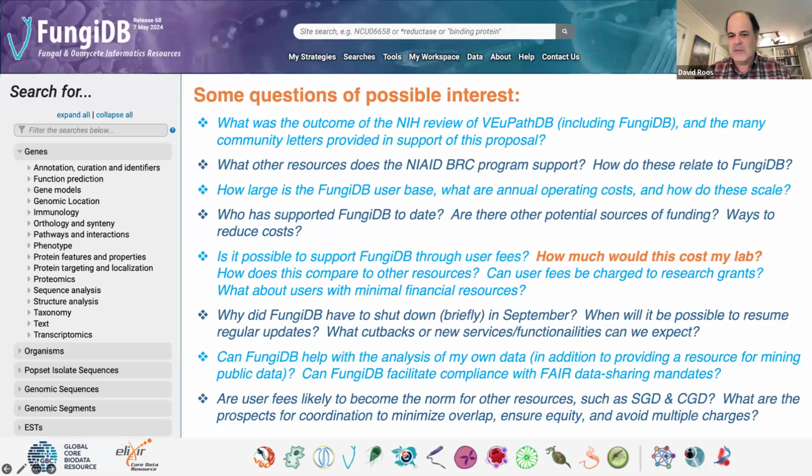So we would suggest that moving forward, for whatever resources you use, whether that is FungiDB or other database resources, a bioinformatics support and data dissemination budget on the order of 1% of budget is appropriate. But of course, 1% of a $500,000 budget or a $250,000 budget is still a couple of $1,000s that is not available for funding elsewhere.